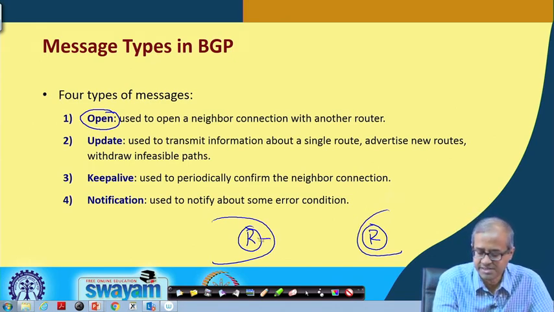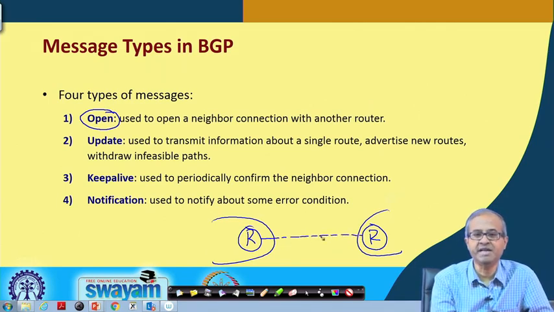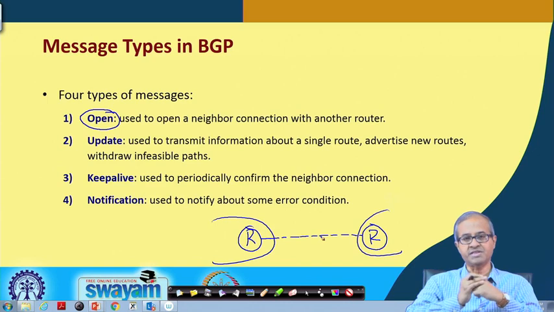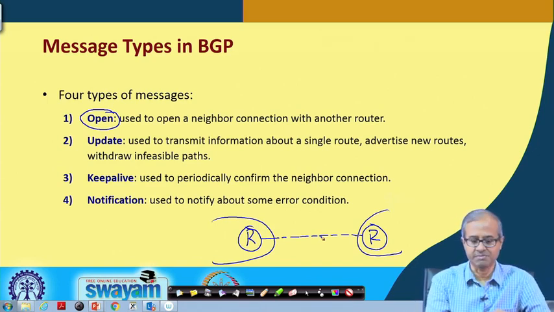So, when this router comes up, it can send an open message, so that this BGP link between the two routers will get established. Now, both the routers will know we can expect to send and receive BGP messages and responses over this connection which has been established.